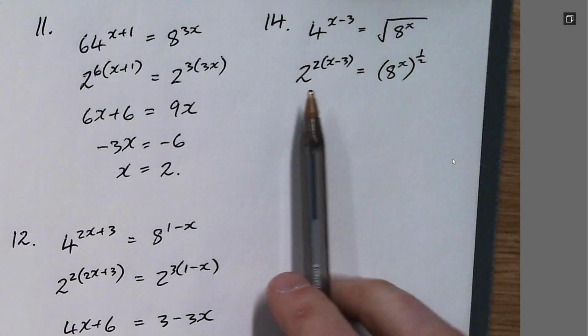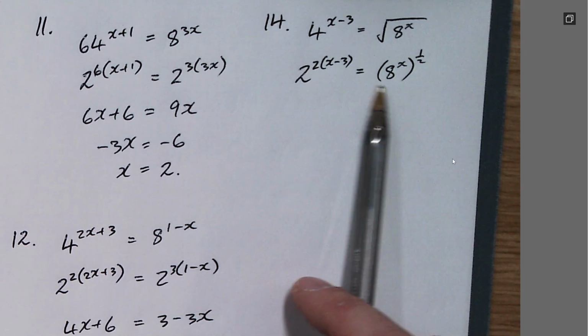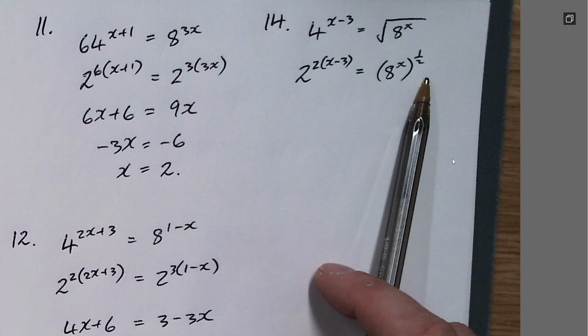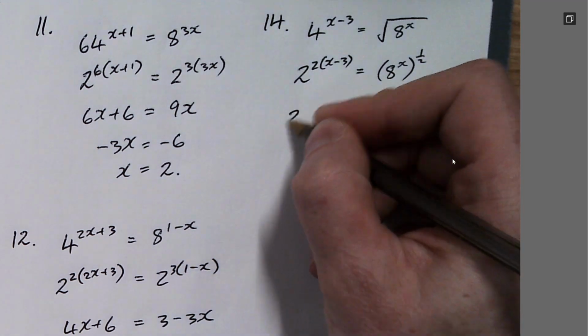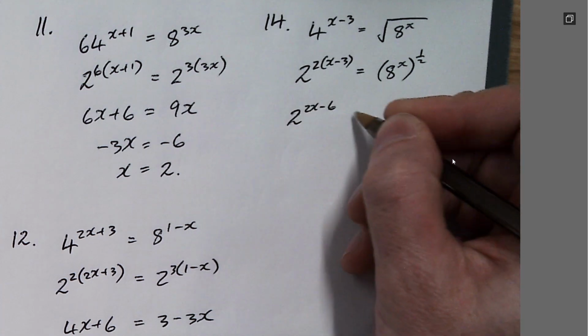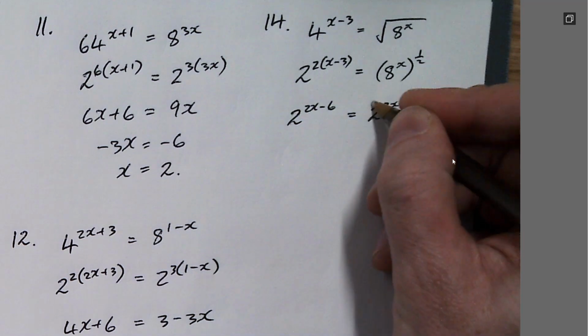So we have 2 squared to the power of x minus 3 equals 8 to the power of x, all to the power of half. So for the square root, we get 2 to the power of 2x minus 6 equals 2 to the power of 3x over 2.